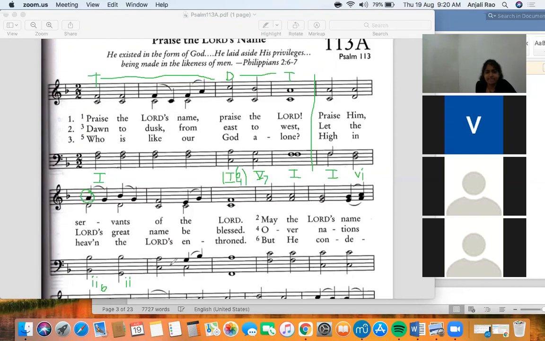Shalyn, are you there? Okay, or Sukwali? Yes. What are these next 3 chords? Or if you want to just tell one, what's the next chord?